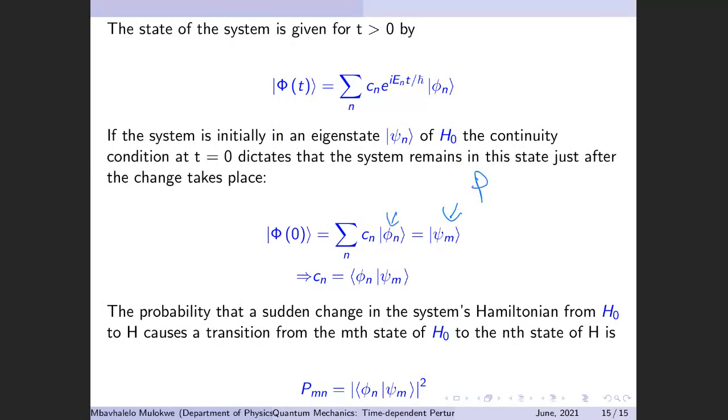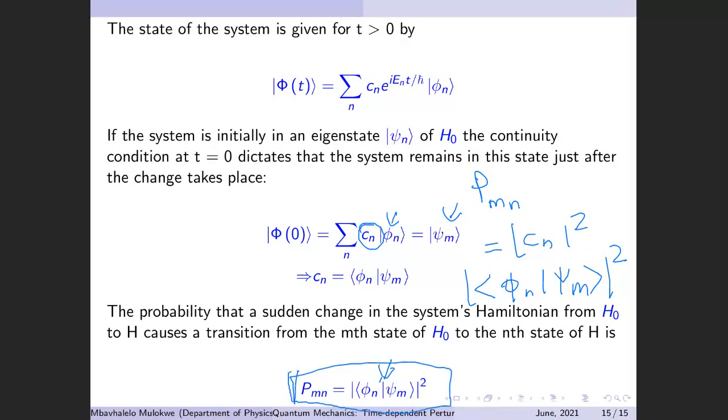Then you know that the probability of going from m to n is given by the square of these things. So it's just c_mn squared, which is just the overlap of psi n and psi m. So for a sudden change, you can just go ahead and use the formulas that we derived in, I think, chapter 2 and chapter 3.